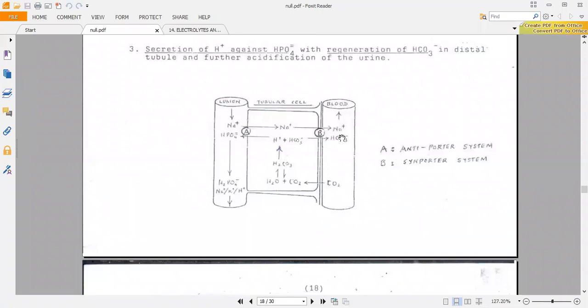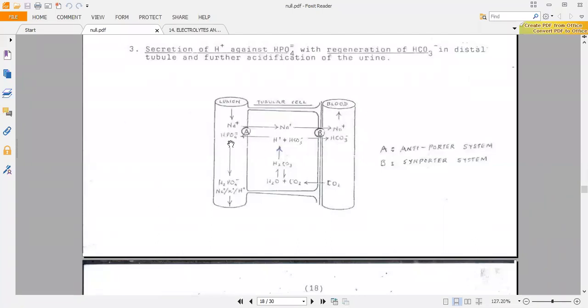So this is how the renal cells or the nephrons compensate, or deal with acid-base imbalances.